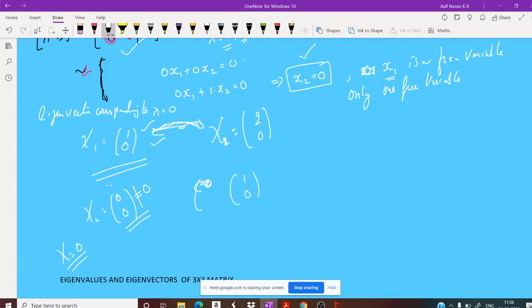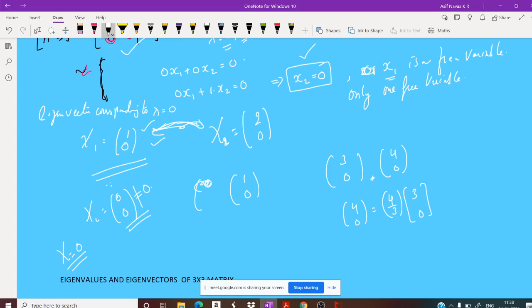Okay? Sir, what about (3, 0) and (4, 0)? These are linearly dependent, right? Have you got it? These are linearly dependent because (4, 0) is equal to 4 by 3 times (3, 0).